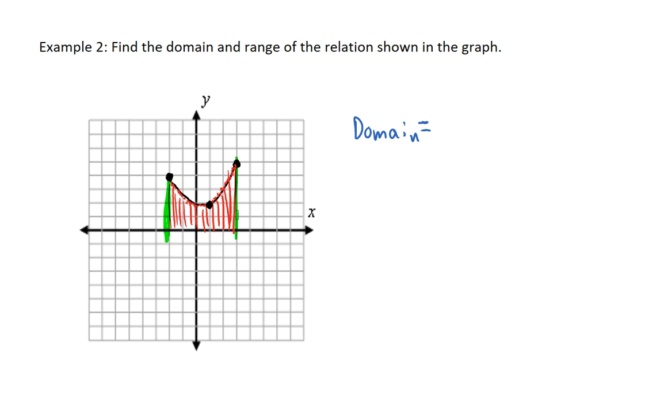And so that means we can use interval notation to describe them as the interval from -2 to 3. And that's reading off of the x-axis. You always read the domain off of the x-axis. And here I'm using square brackets because I have solid points here and here.